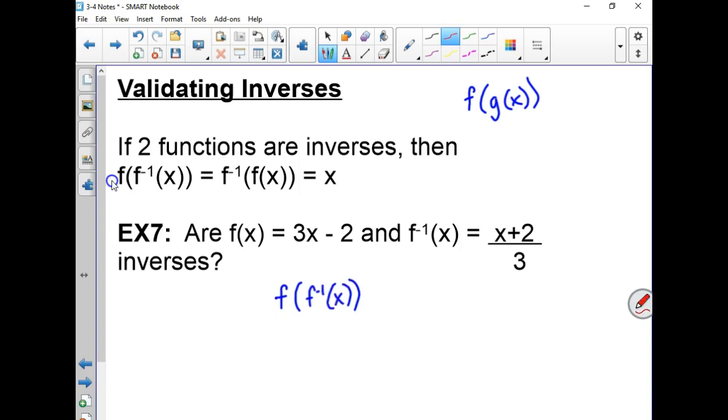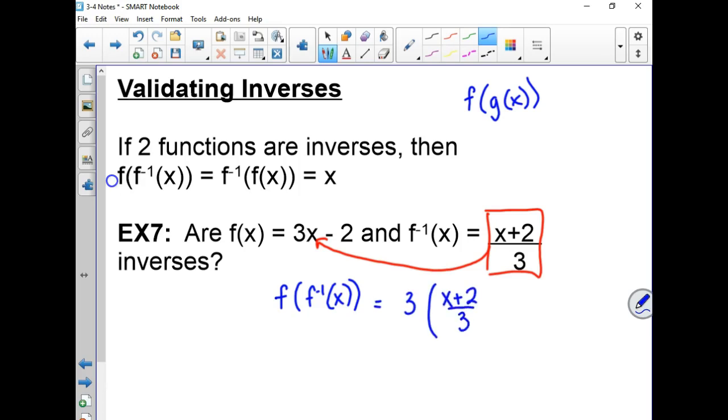So I would take f inverse of x, which is this right here, and I would plug it in for x. And so when I do that, I would have 3 times x plus 2 over 3 minus 2. Right? And if I do this problem, that 3 is like a 3 over 1, right? These 3's right here are going to cancel.